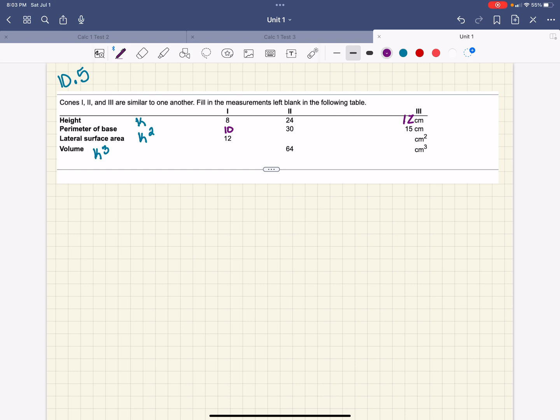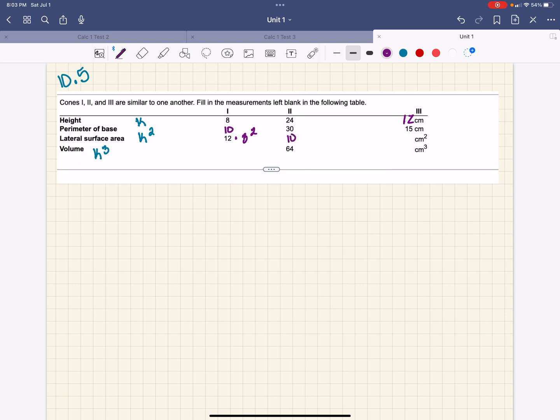Now remember, the difference between 8 and 24, and 10 and 30, was a multiple. We multiplied by 3. But here we've got k squared. So to get from 12 to our next one, we multiply by 3 squared. 12 times 3 squared is 12 times 9.